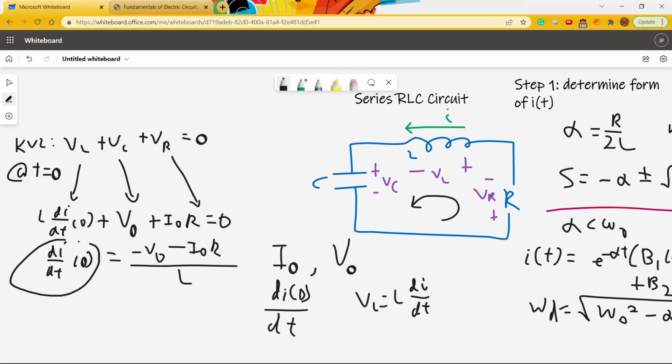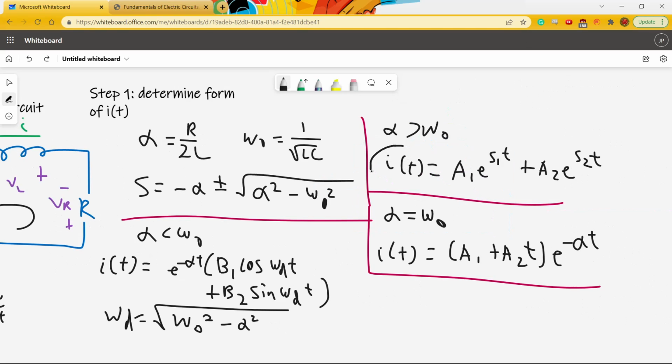Anyway, once we have the initial current and the initial change in current, we can plug I0 into this equation, supposing that we were using this equation, and that would be a number, a number, a number. All of these would be constant. T would equal 0, so we'd just be left with a number equals A1 plus A2.